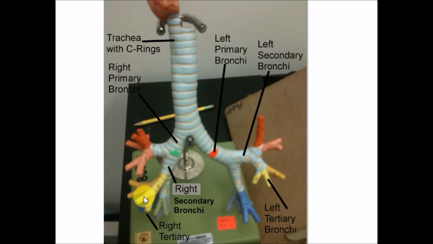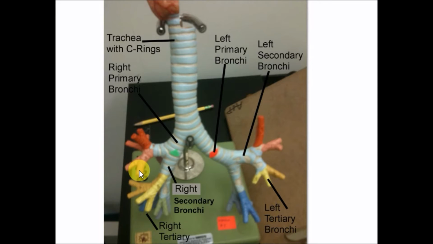If you go to the tertiary bronchi, which are all these colored terminal parts of this bronchial tree model, the number corresponds to the number of segments. That's why the tertiary bronchi are called segmental, because each one goes to a segment, called the bronchopulmonary segment.